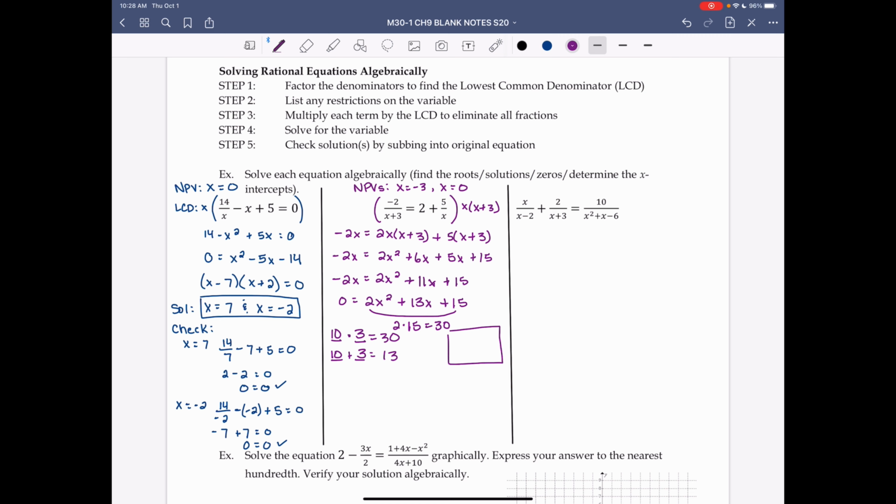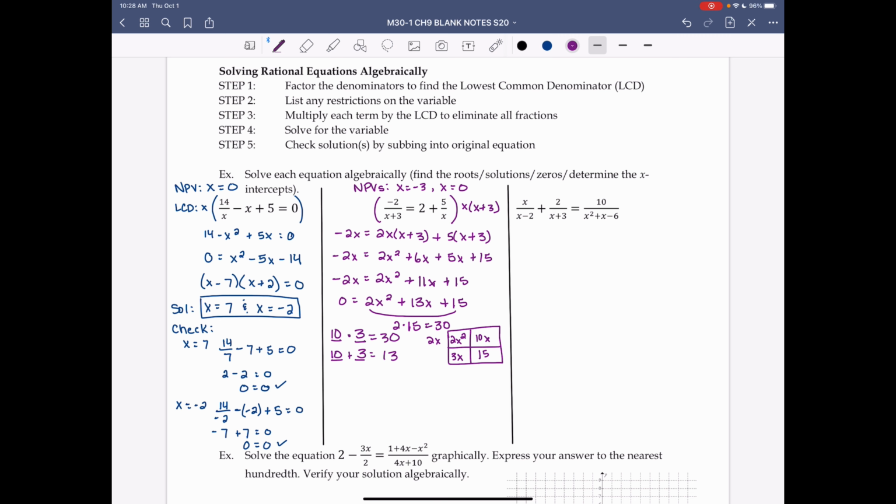If you're not familiar with the box method, 2x squared goes in the top left. Our constant term 15 goes in the bottom right. The numbers we just determined, 10 and 3, followed by x because they represent 13x, go in the other two boxes. Doesn't matter the order. And then we look at what's the common factor for each row and column. So starting with my top row, 2x squared and 10x, common factor would be 2x.